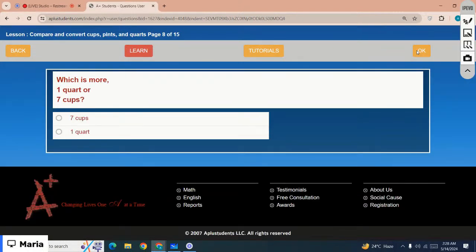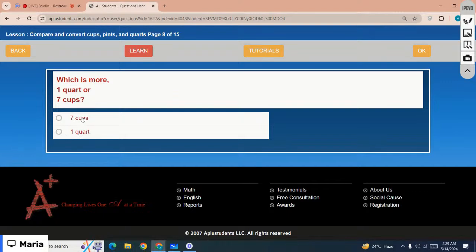Which is more, 1 pot or 7 cups? Which is the correct option? The correct option is 7 cups is more, right?